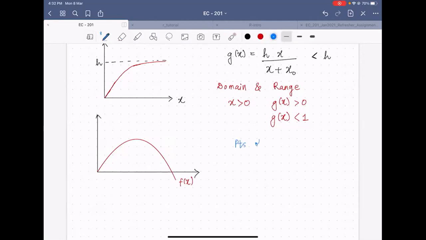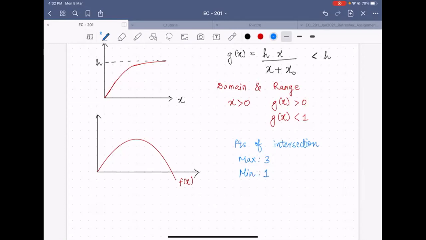A maximum of 3. Yes. Does everybody agree with that? Yes. Maximum would be 3 and minimum? 1. Okay, let's try.